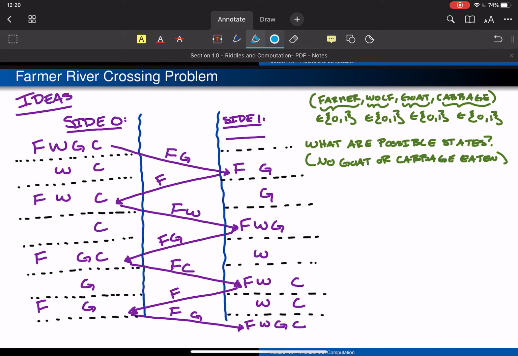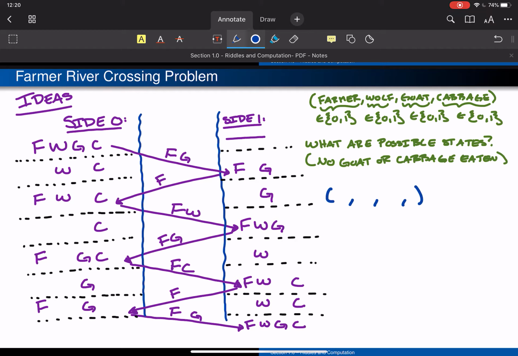The idea is that we're going to have these things moving all around. We know that these things are all going to be stored as these nice little lists, and these lists are all going to have 4 entries, and those entries each have 2 options. They can either be 0 or 1. So if you think about how many there are in total, this is just a counting problem.